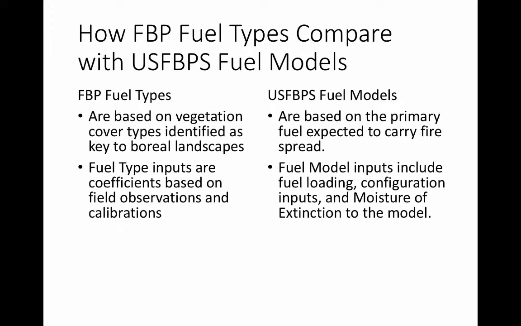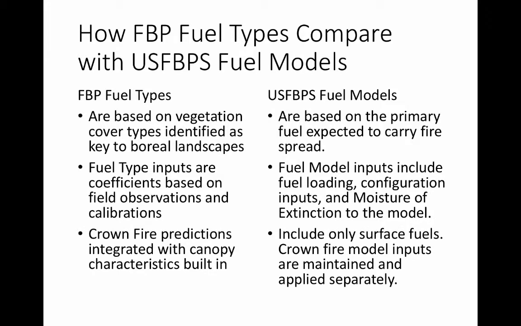The FBP fuel types are a collection of unitless numbers that are inserted into the fire spread equation, while the U.S. FBPS fuel models are a collection of fuel loadings, fuel size definitions, and other flammability factors that can be measured and compared from field locations. Crown fire predictions are integrated into the FBP system, while the U.S. FBPS fuel models are only used to predict surface fire behavior.